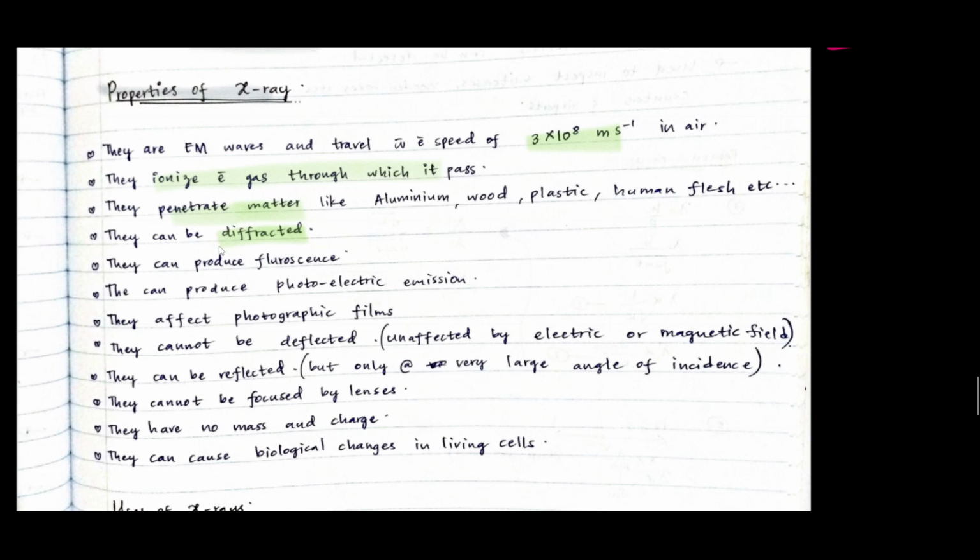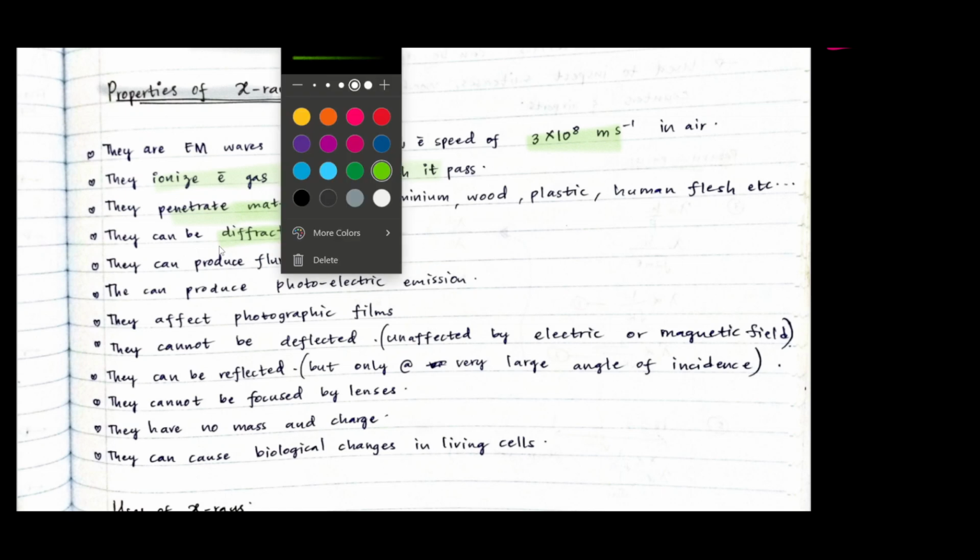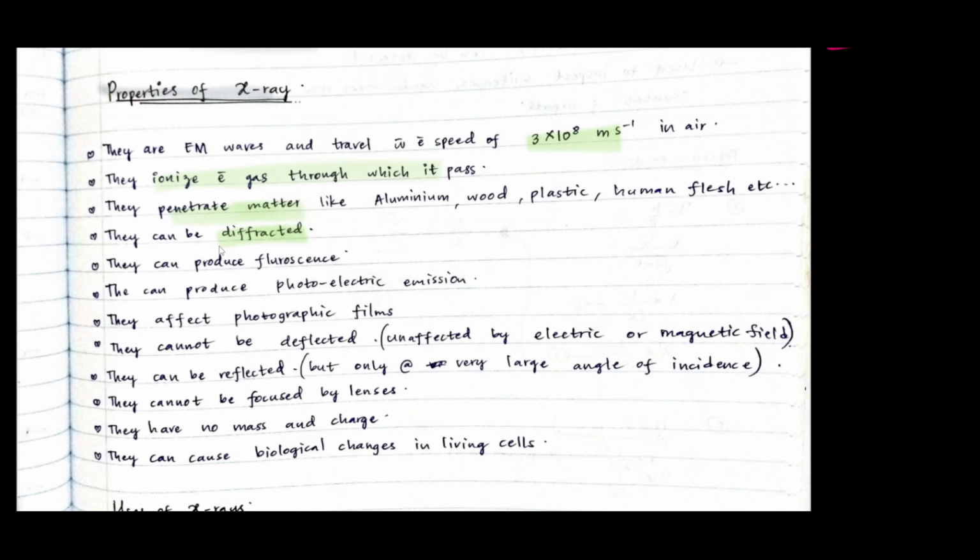Diffract means when they pass along an edge, they can turn towards that edge. Not refraction, diffraction. You might have studied in waves. They can produce fluorescence. Fluorescence means when we have a scintillating material and X-ray hits that scintillating material, they produce fluorescence, small bright spots. They can produce photoelectric emission.